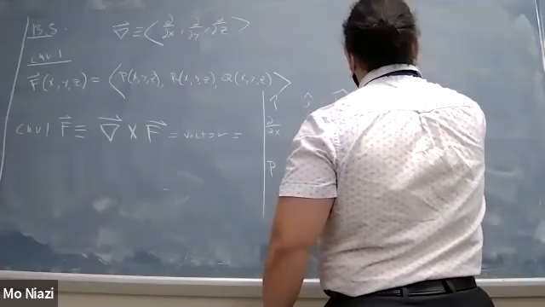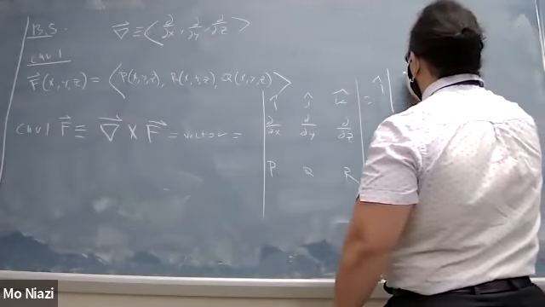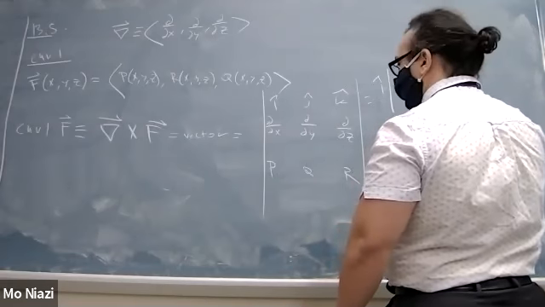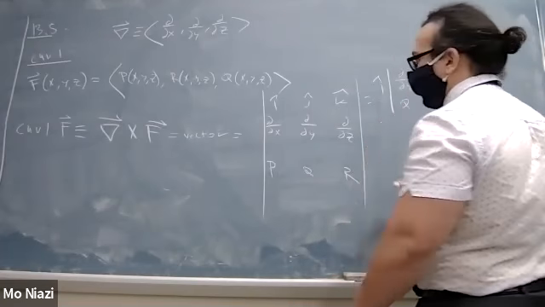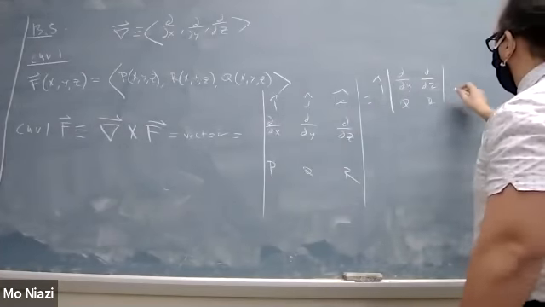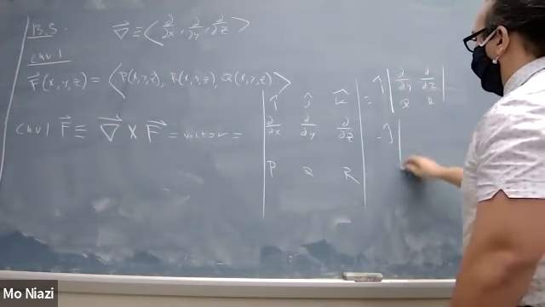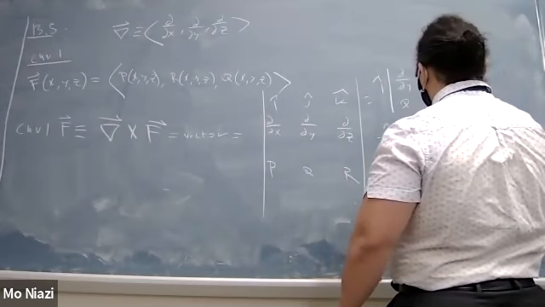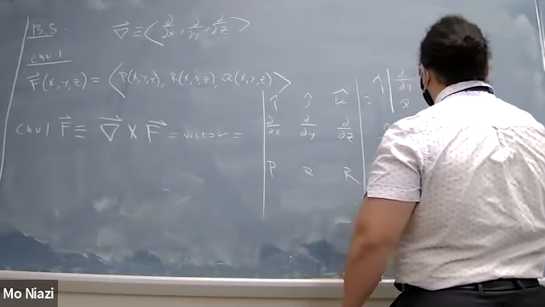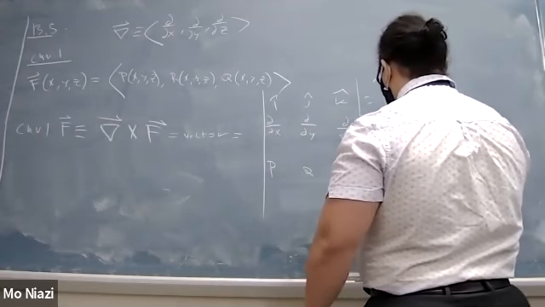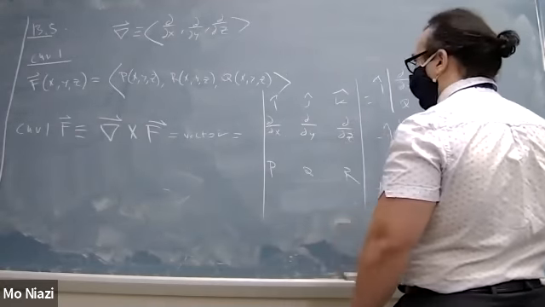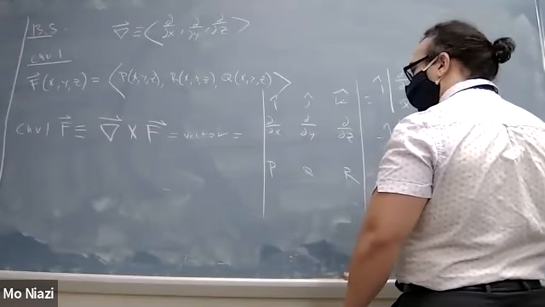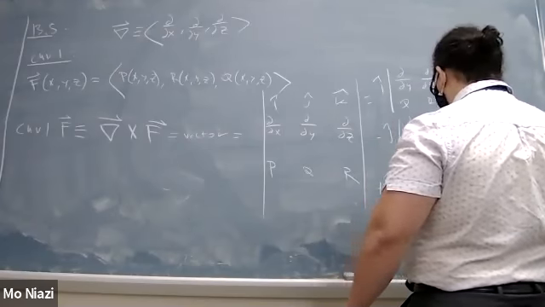We get i times the determinant partial y, partial z, Q, and R. And then for j, we say minus j hat, we get the partial x, partial z, P, and R. And then plus k hat, the determinant partial x, partial y, P, and Q.